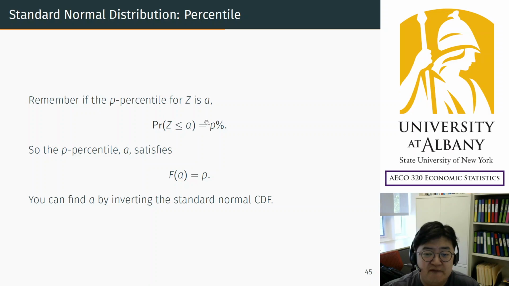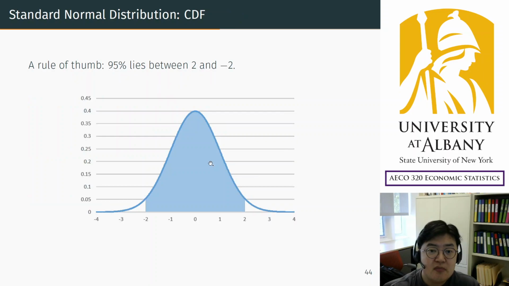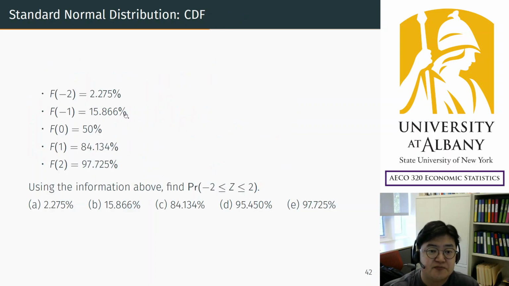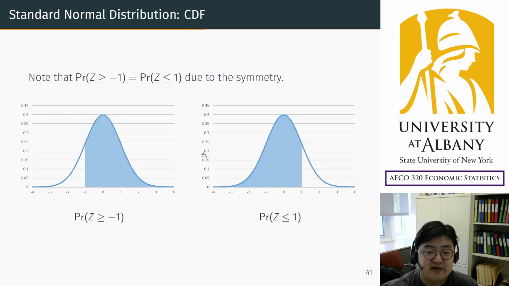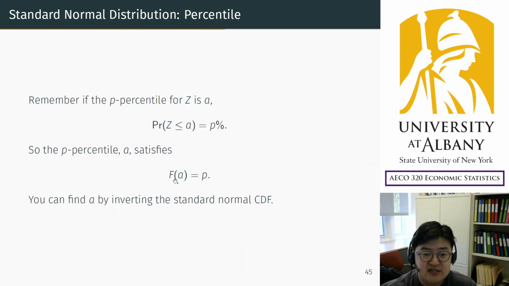What if I give you probability P and then ask you to find A that satisfies this equality? That is natural because f is a function, so we are going the other way, the inverse. We would like to calculate the inverse of the CDF, which is the percentile, right?